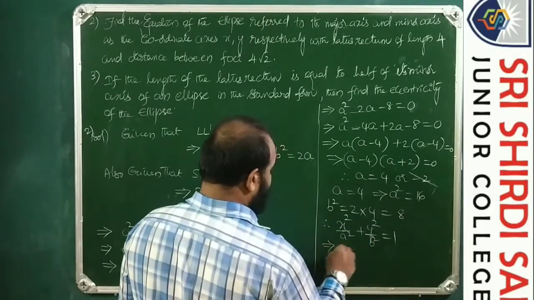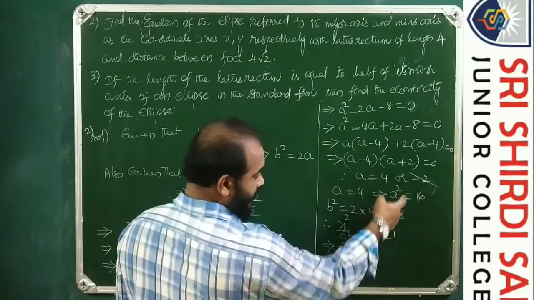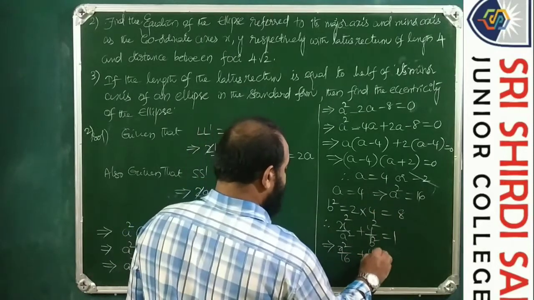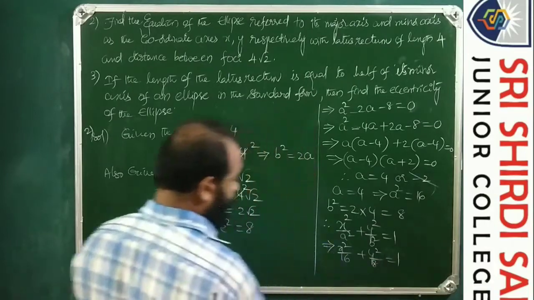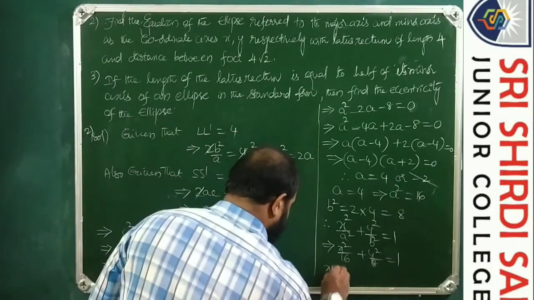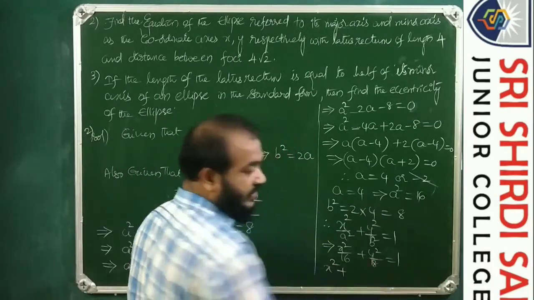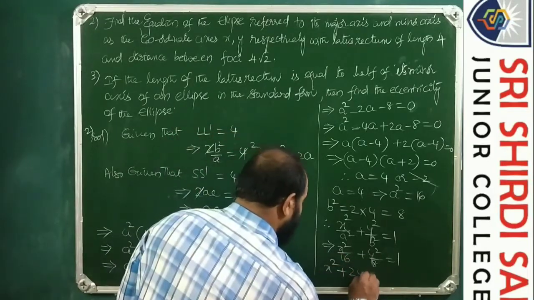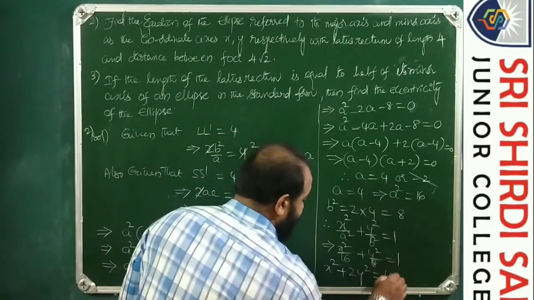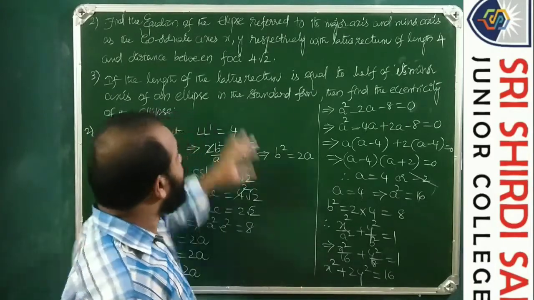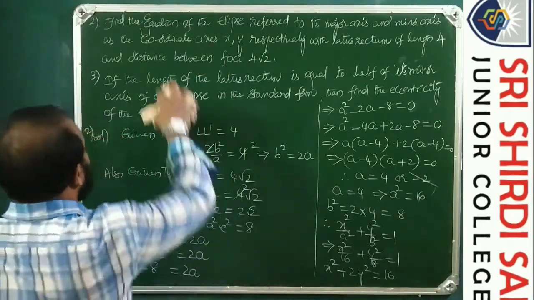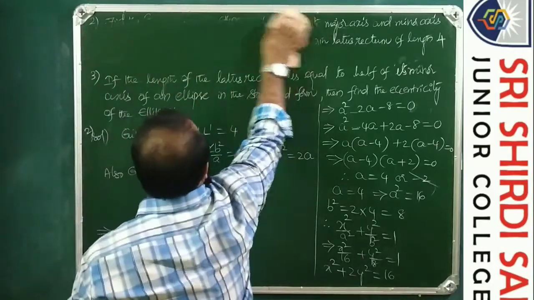So this is x square by 16 plus y square by 8 equals 1. Taking 16 as LCM, x square plus 2y square equals 16 is the required equation of the ellipse. So this is the second question. Now let us see the next one.